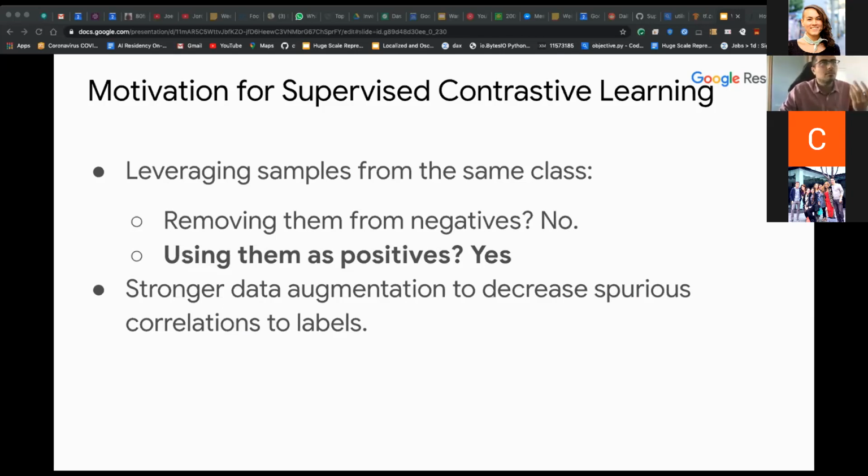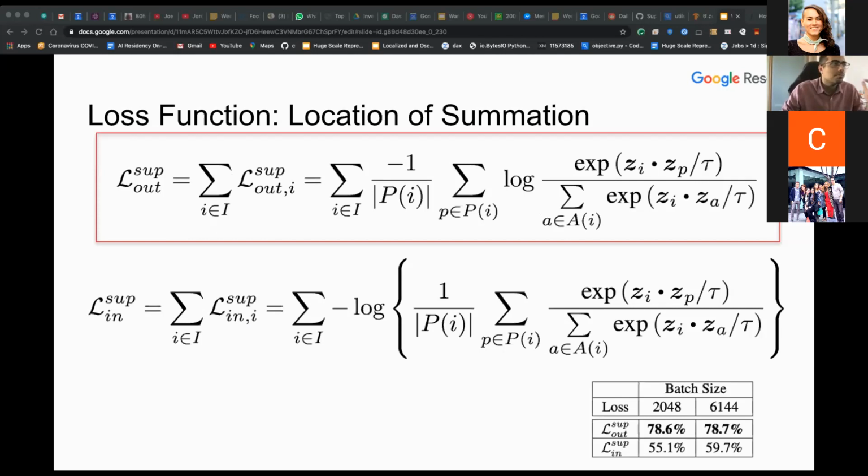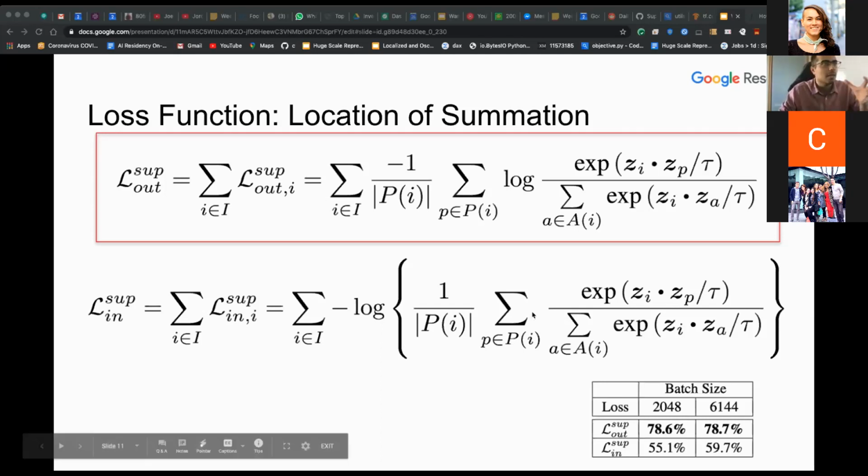Right. So I'd just like to introduce what the loss function looks like. The expression might be slightly hard to work with, but here's what it looks like. For a given anchor I in the batch, you have a set of samples which are positives, denoted by P of I. So you normalize for the number of positives you have for a given sample.